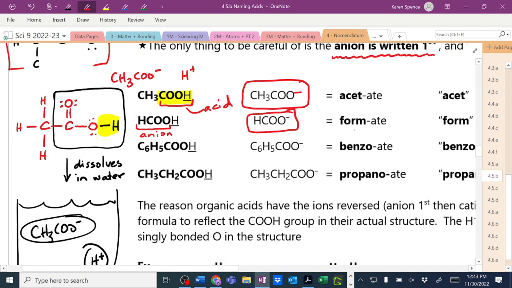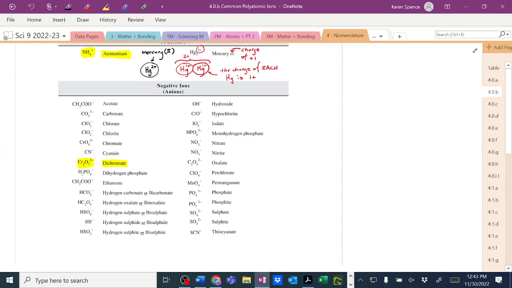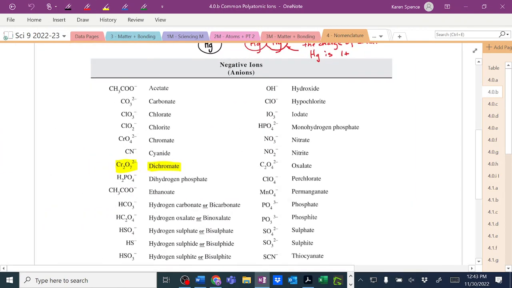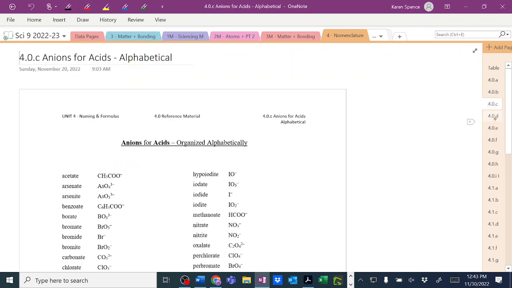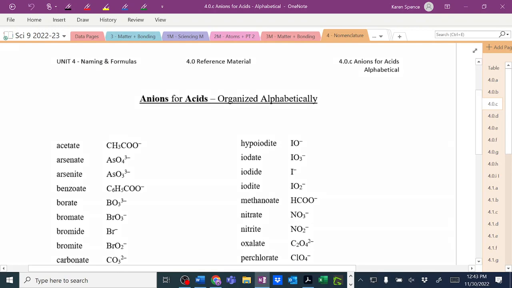Now, in terms of the ions, if you look on your regular table of ions, you're like, hey, I don't see any formate. There's no HCOO. And that is why you have the anions for acids, because it gives you a much more extensive list of acids.